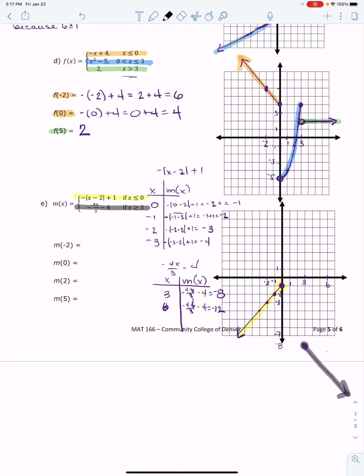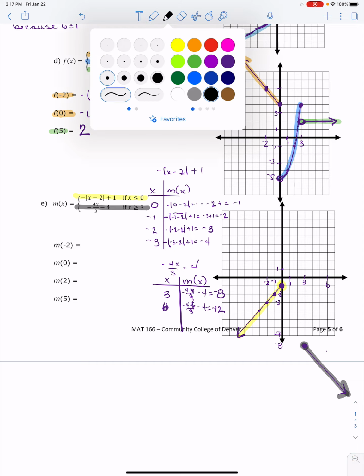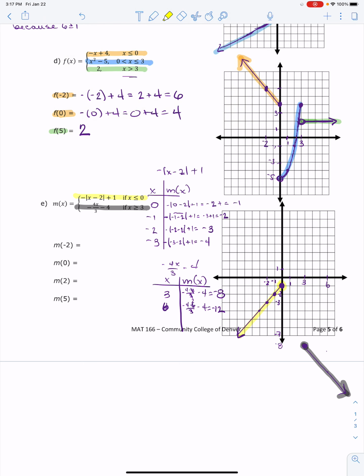So now notice we kind of have a gap. We don't have anything graphed between 0 and 3. So let's see what that does for us in terms of our function values over here. M of negative 2 is definitely less than or equal to 0. So we use that top expression.